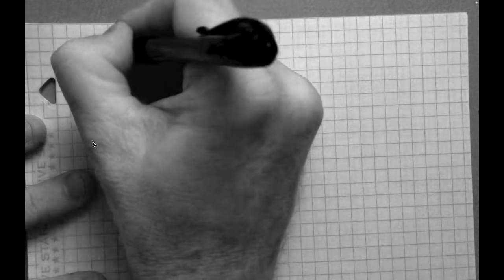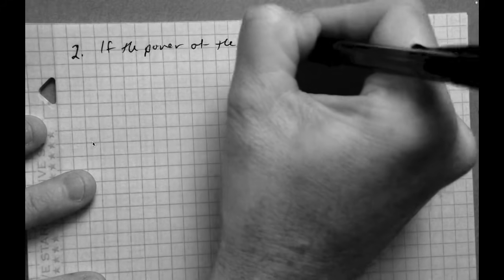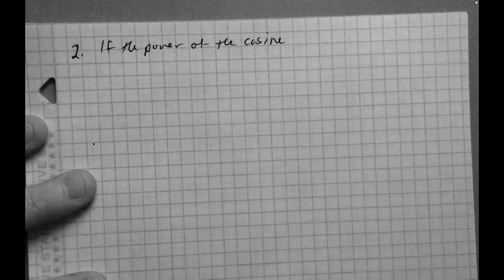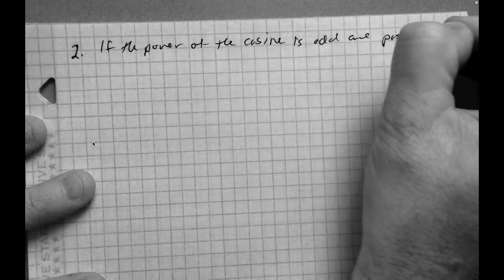So let's take a look at another example of what can occur. Okay, so another example, strategy number 2. What if the power of the cosine is odd and positive?